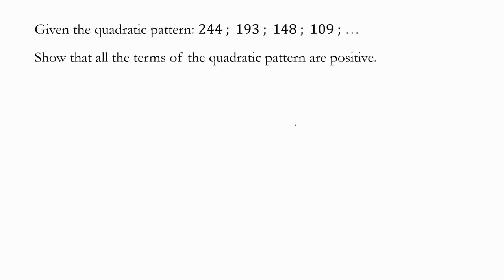The other thing we could have done, we can say we have Tn is equal to 3n squared minus 60n plus 301. It's quadratic, isn't it? And then now it means that it's concave up. It's concave up. But we haven't proven that it doesn't cut the x-axis. So if you prove that this quadratic function does not cut the x-axis, does not have real roots, then it means what?